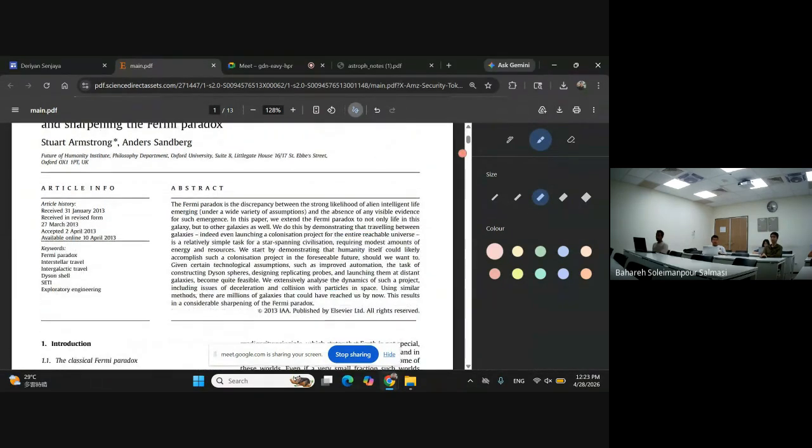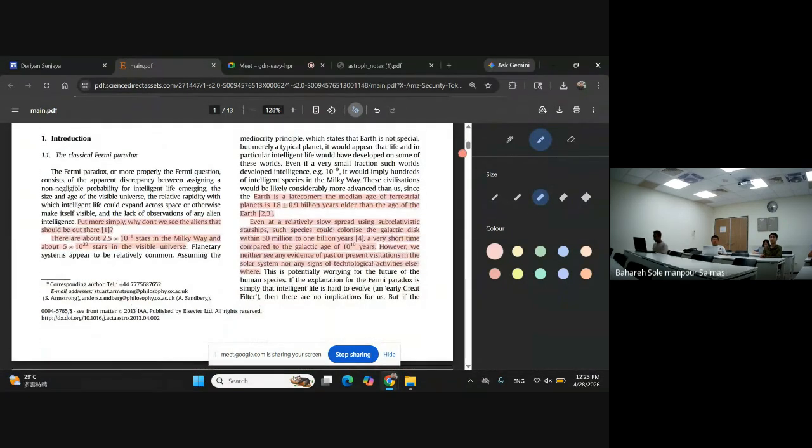So the Fermi Paradox is, we know that our universe has a lot of systems, like stars, that can be colonized by some intelligence outside ours, I mean the aliens. But until now, why can we not see the aliens?